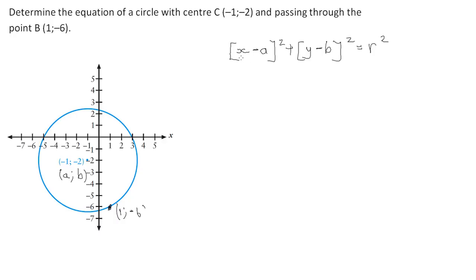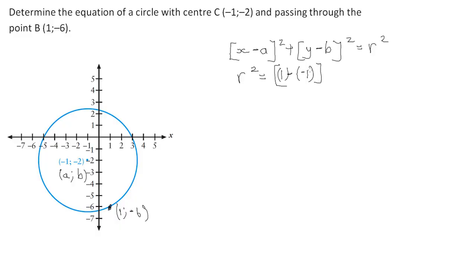Which means we have the x value and we have the a value, we have the y value and we have the b value. That means we can straight away calculate r squared. R squared therefore will be equal to, our x value here is 1 minus, obviously our a value will be -1.